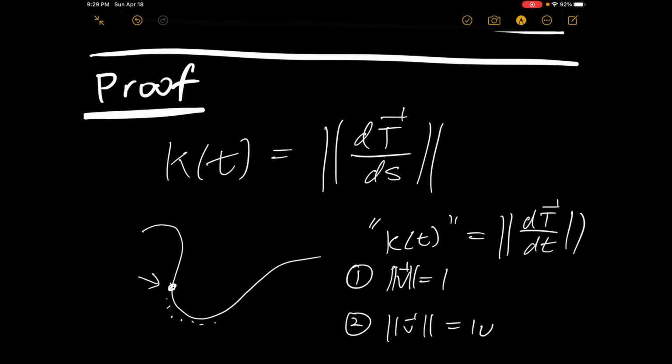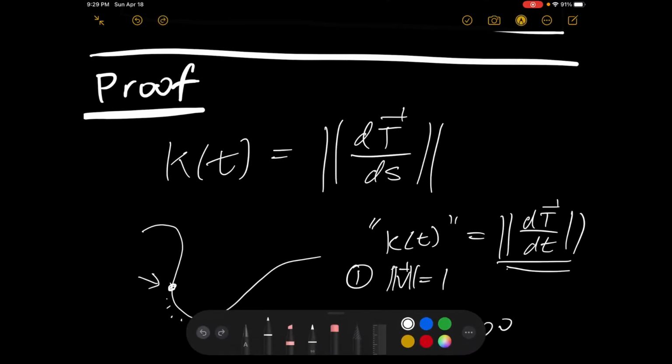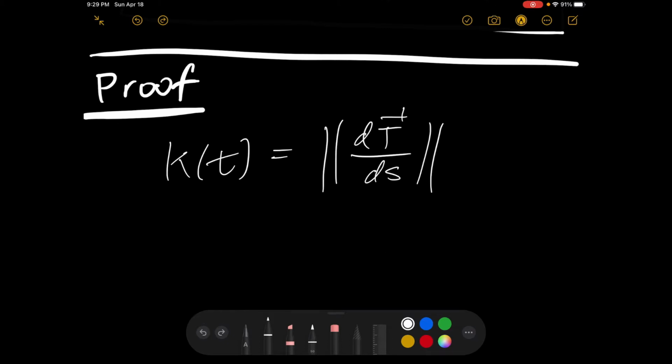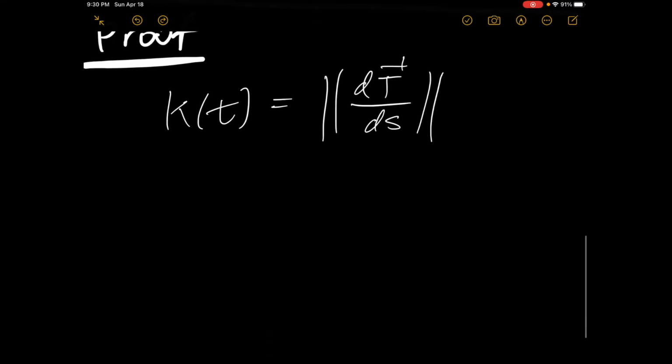Because the speed is bigger, the change might be different from the first instance. But we don't want that, because we only want to measure how much the curve is bending, not how quickly the particle is traveling. That explains why we want the curvature to be independent of velocity. Hence we use s, because it's just arc length, and we can usually assume it to be independent. Great, so this is the definition of curvature.